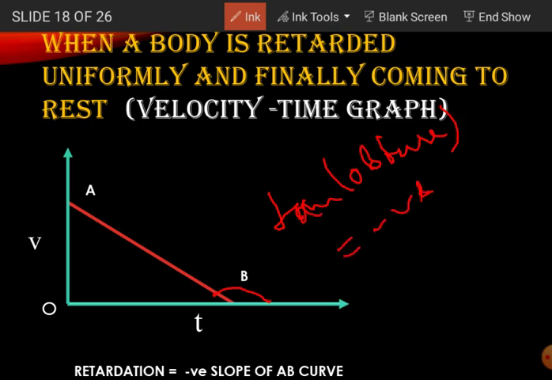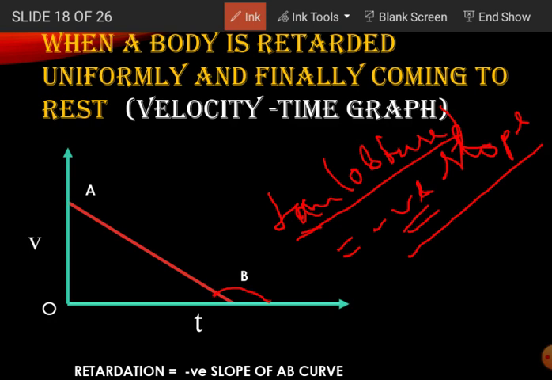So if your slope comes out to be negative, we say that is negative acceleration, because slope gives you nothing but the acceleration. Got it? Negative acceleration, we simply call retardation. So if the object is retarding by a uniform amount, then it will be a straight line with negative slope. Got it?